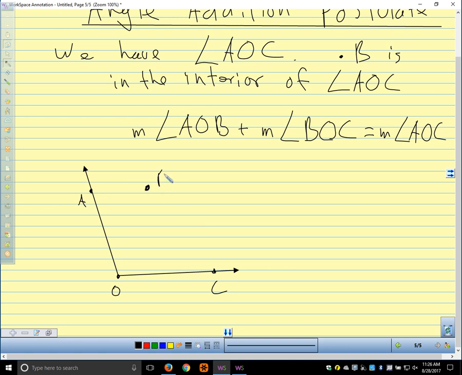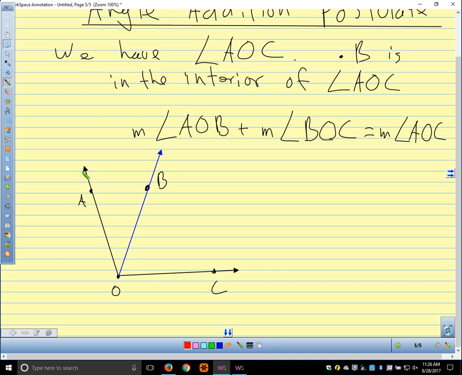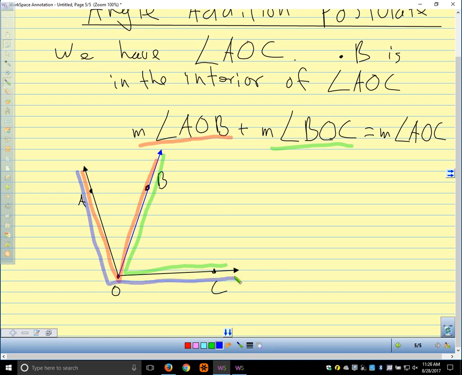So there's point B. What we're going to do is draw a ray from the vertex through point B. And what the postulate tells us is this small angle, AOB, that's this one, plus the measure of the other small angle, BOC, equals the measure of the whole big angle, AOC.